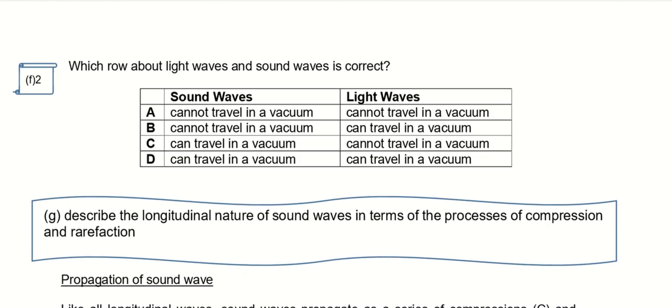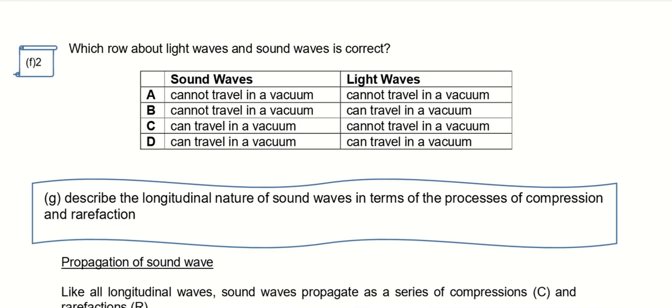Okay, next, which rule about light waves and sound waves is correct? You haven't really learned about light waves, but light waves, you know, are transverse. Sound is longitudinal. In our syllabus, the only example of a longitudinal wave is sound wave.